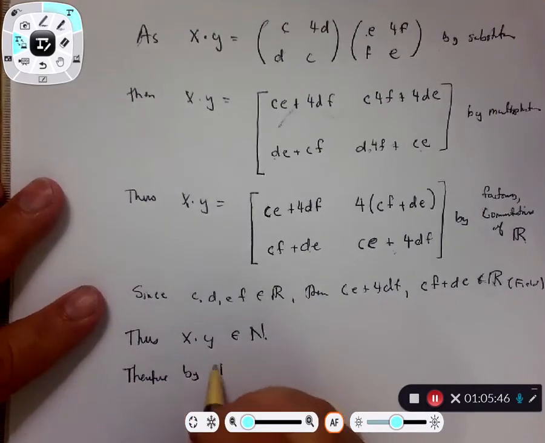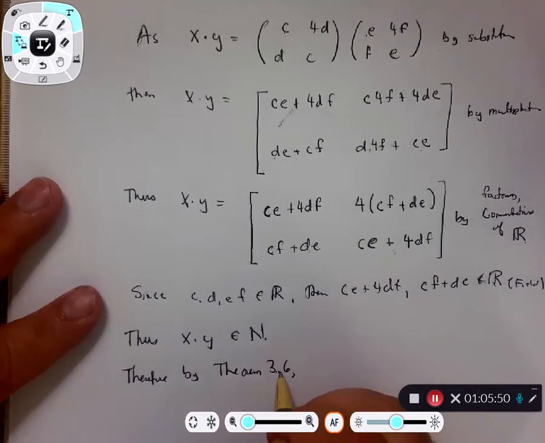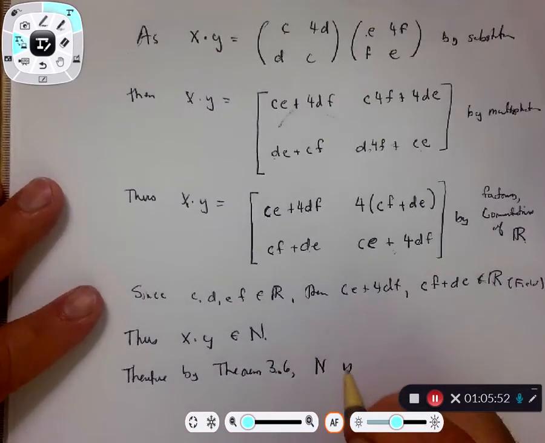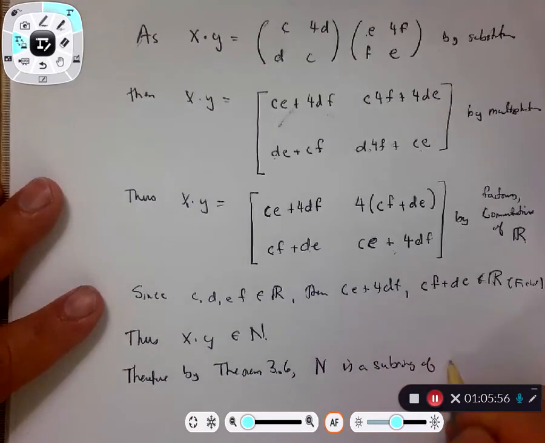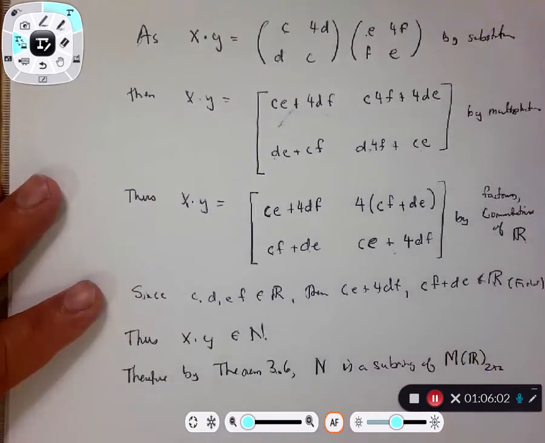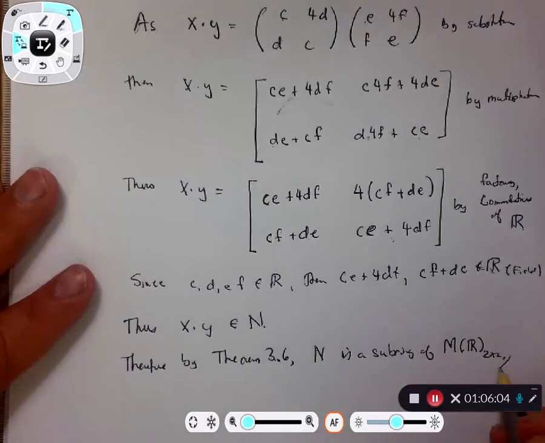By, quote your favorite theorem, Theorem 3.6, N is a subring of M_R 2x2, the 2x2 matrices where the elements come from the reals.